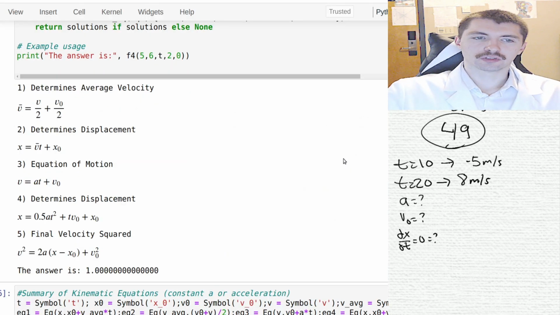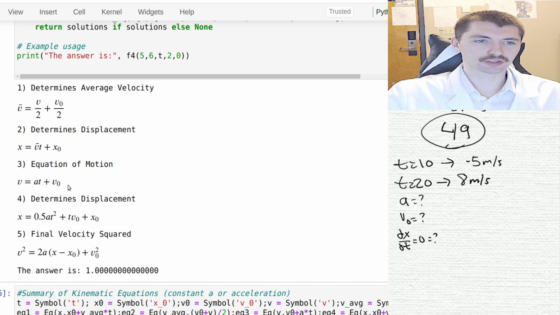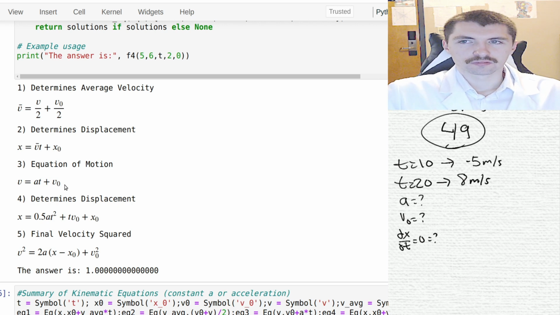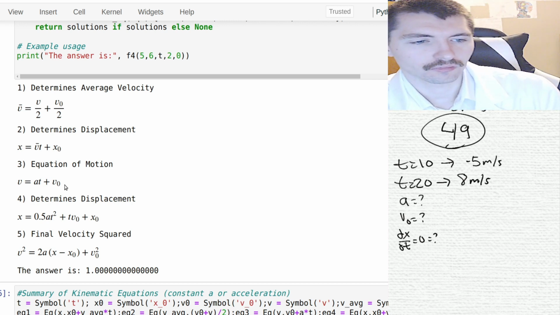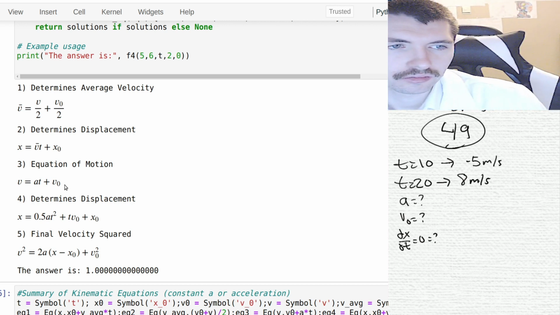Okay, so we want to use, we have acceleration, so we know it's probably this, right? We have T, it's 5. Okay.